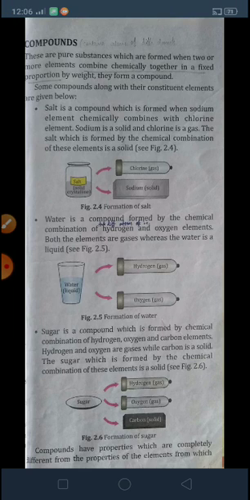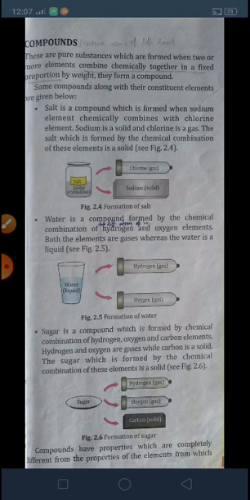We know pure substances are divided into two types, elements and compounds. So compounds are pure substances. When two or more elements combine chemically together in a fixed proportion by weight, they form a compound.